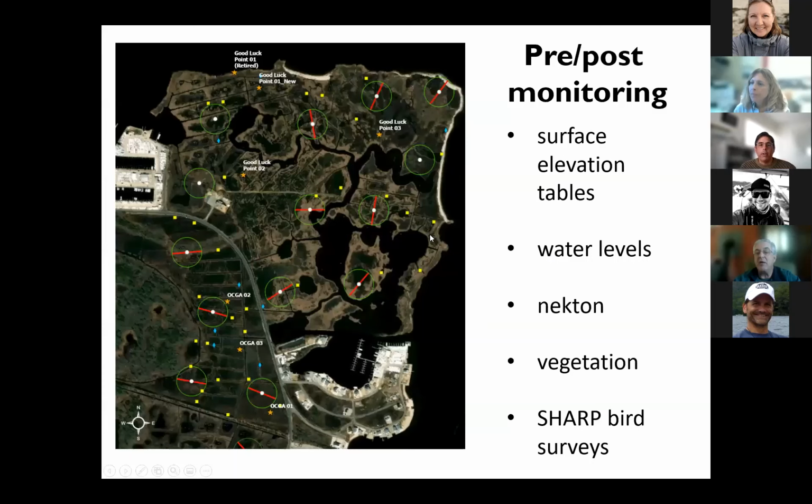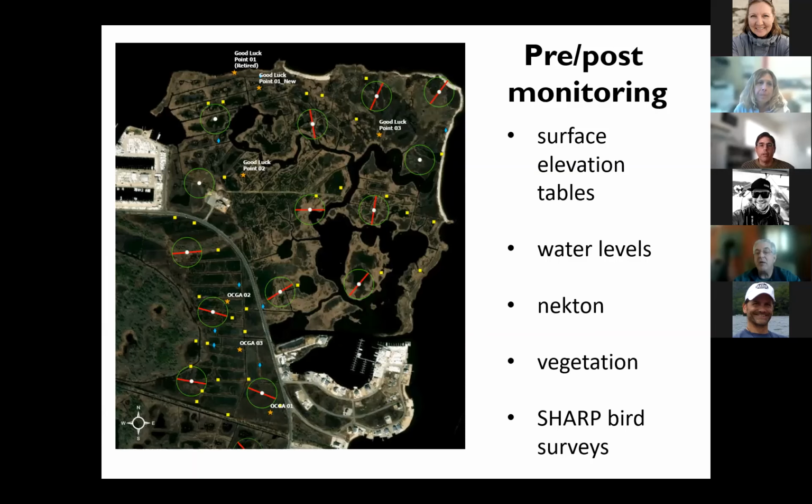So we've talked about monitoring, and we have really thorough monitoring that went on before the project and continues after, led by Yanni Lascaris and Noel Turner and carried on by Amanda Archer and Taylor Schmidt. We work at a couple sites, a couple refuges, and encompass these metrics: water levels, surface elevation tables, vegetation and bird surveys.